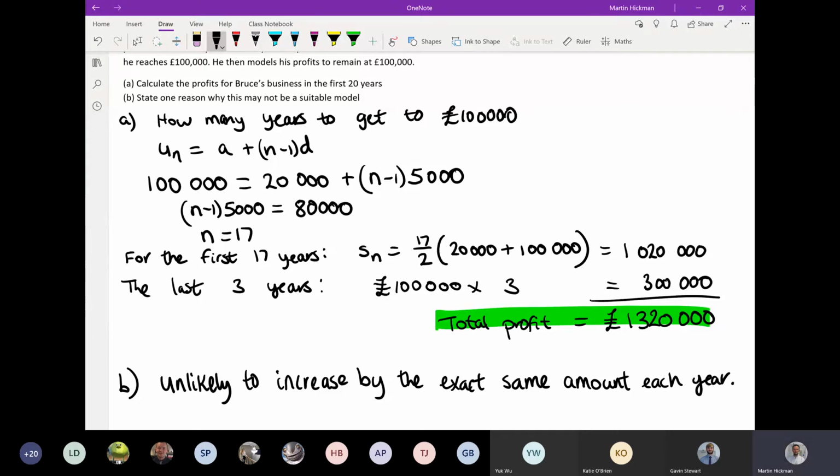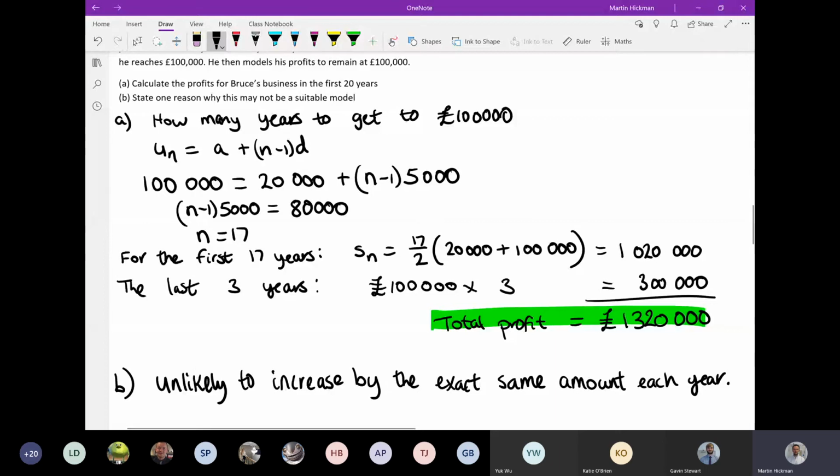Okay, so in reality, remember, it's just a model, so it could be quite a good prediction, but it's very unlikely a business would make exactly £5,000 more than they did the previous year. Okay, they might be increasing, but it's unlikely it would be the exact same amount each time. So just have a think about that when you do that.